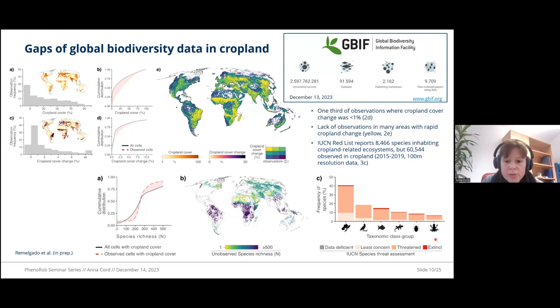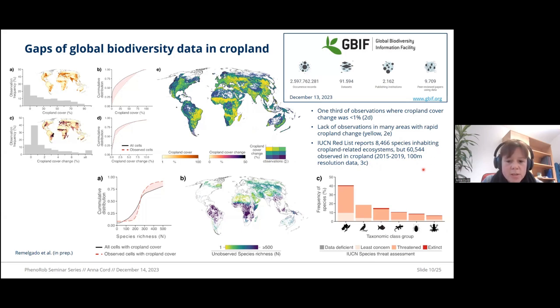Another point which is interesting is on this figure. According to the IUCN classifications, most of the species do not use cropland. But then, around 8,000 species are assumed to inhabit cropland-related ecosystems. From our analysis, we saw that actually 60,000 have records in cropland.